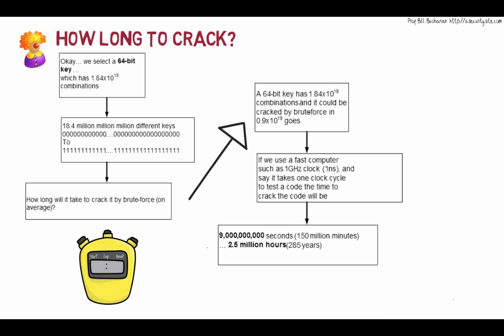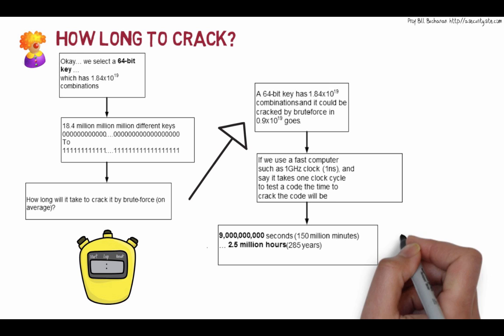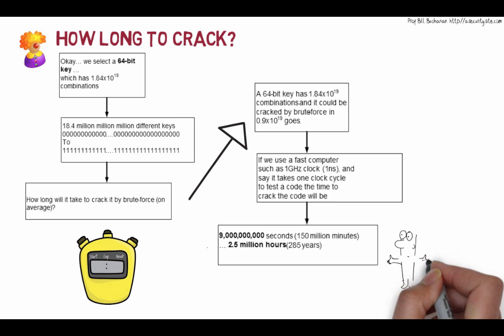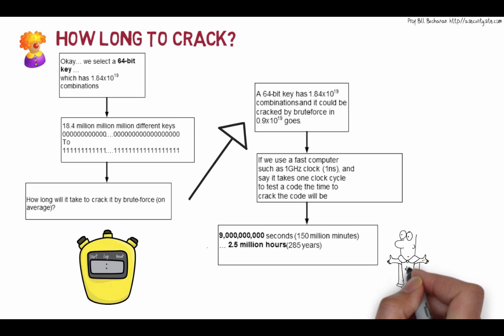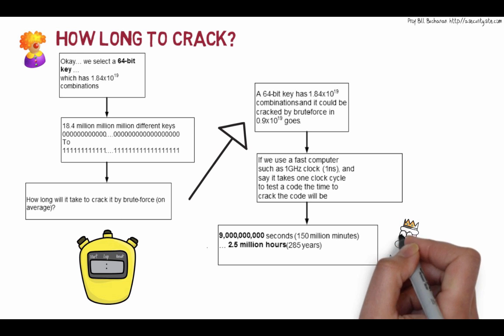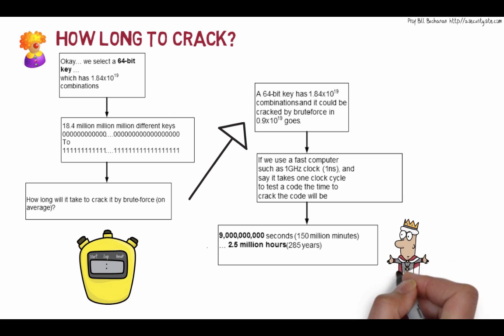So if we calculate that, then with the 1 nanosecond clock that we've got, it'll take about 9 billion seconds, or 285 years, on average, to actually crack a 64-bit key. Okay, that's quite a long time, and probably you would have to be a king sending a message for the message to be able to be cracked.